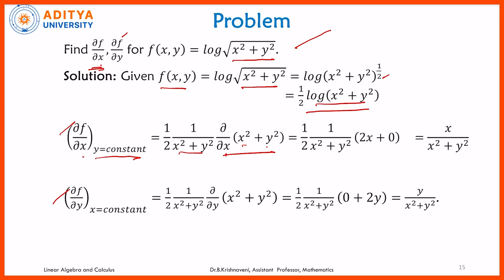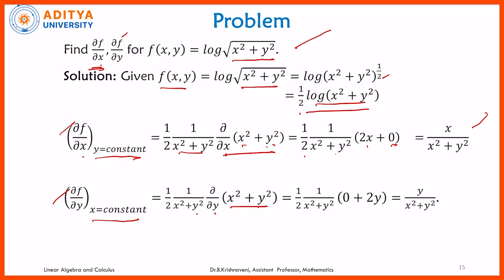That will be equal to 1 by 2 into 1 by x square plus y square into, now the x square derivative is 2x and y is constant, so its derivative is 0. Then the 2 gets cancelled and we get dou f by dou x equal to x by x square plus y square. Now, let us find dou f by dou y, in which x is constant. Same as before, first we start with the log derivative, that is 1 by 2 into 1 by x square plus y square. Now, the inner derivative means the partial derivative with respect to y of x square plus y square.